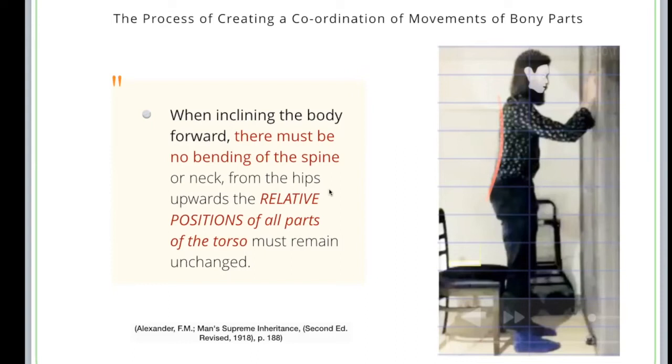So, when you incline the torso, we all know that in the modern Alexander technique we have a position called the position of mechanical advantage, and we are asked when we train to use a position of mechanical advantage that is a flexion, which is working with inclining the body forward. When you incline the body forward, it's a good idea to understand that we start from a wrong habitual coordination.